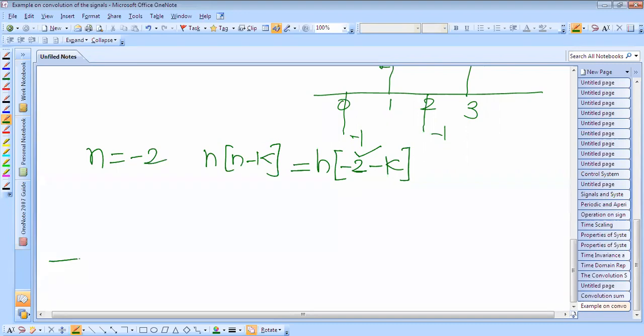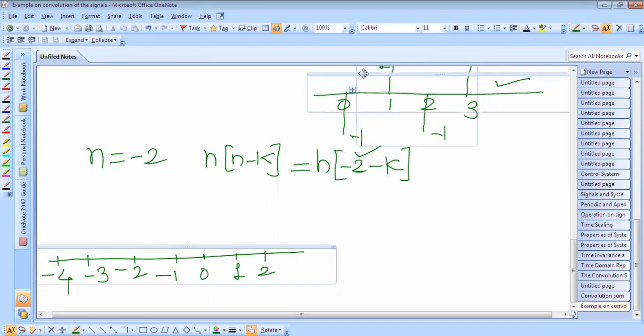So we are shifting this impulse response to the left by 2 units.